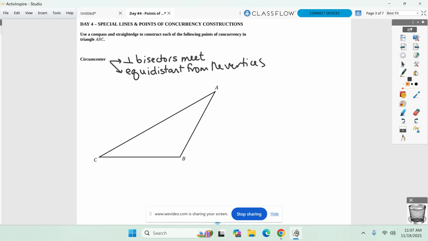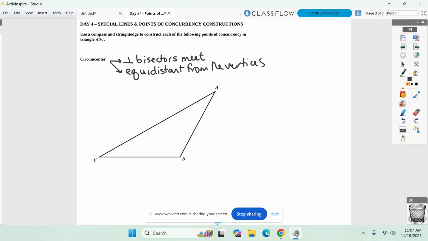Yep. So take a side right now of triangle ABC and let me see you do a perpendicular bisector. I do it on a line segment on the video, but hey, a side is a line segment.